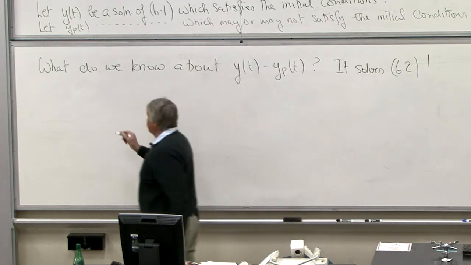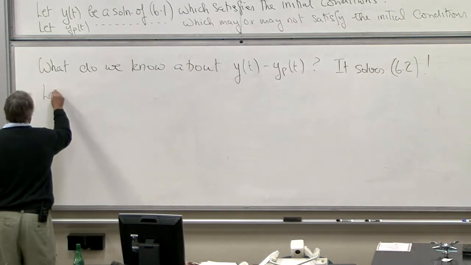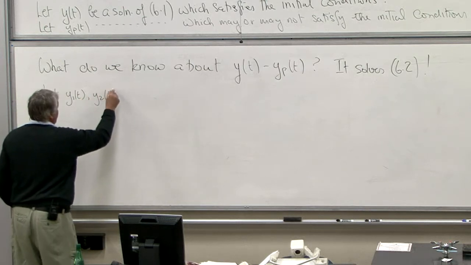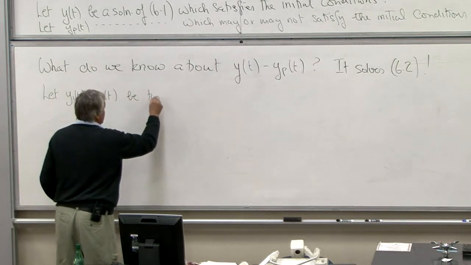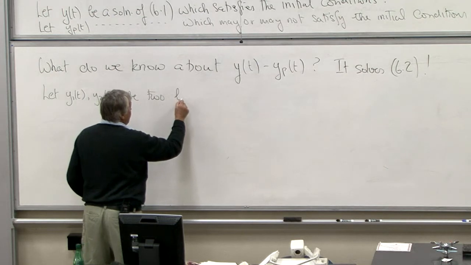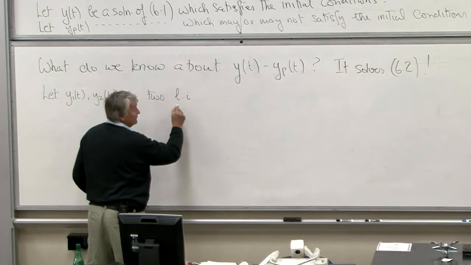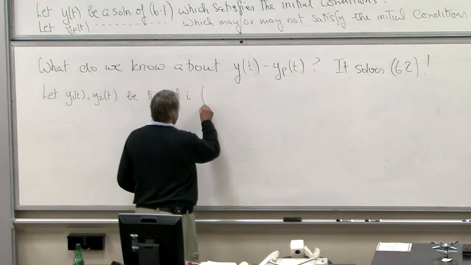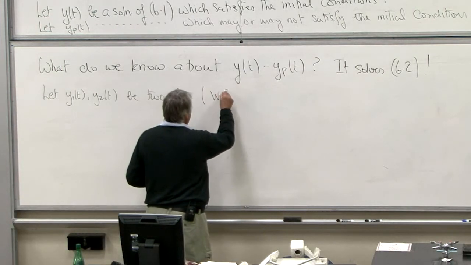So let y1 of t, y2 of t be two linearly independent solutions, and their Wronskian, of course, will be non-zero.